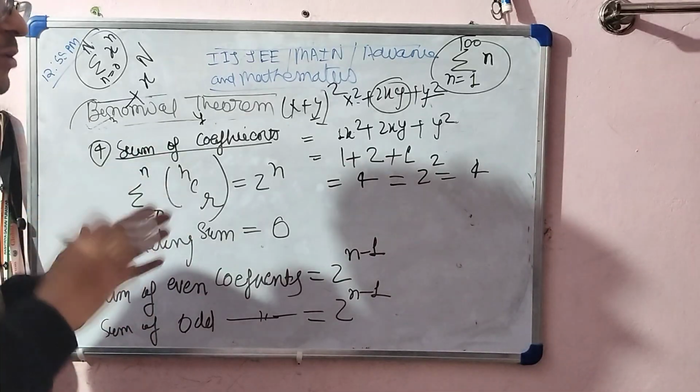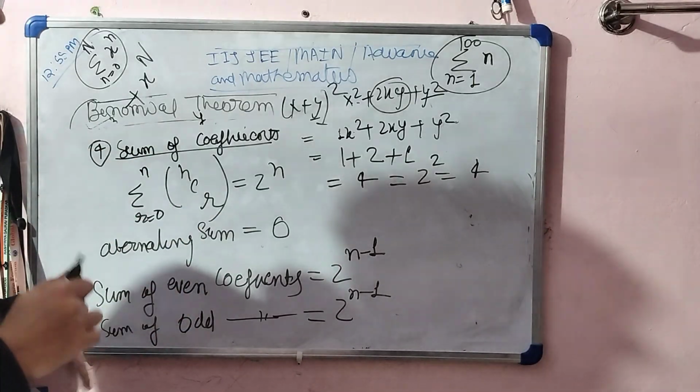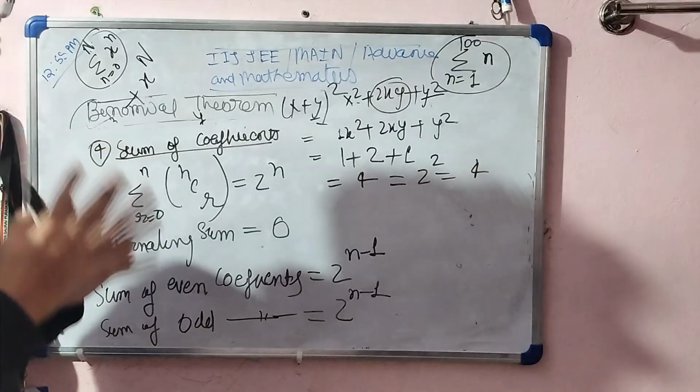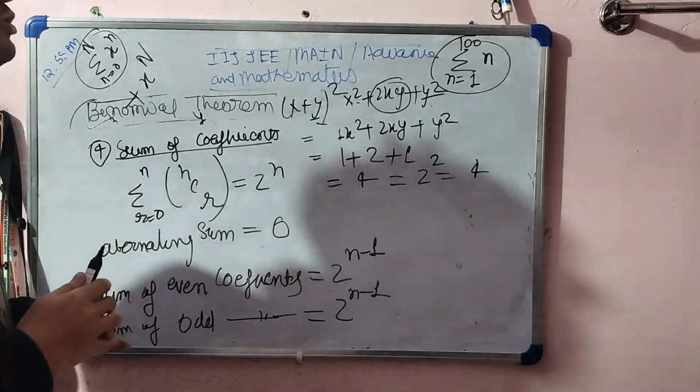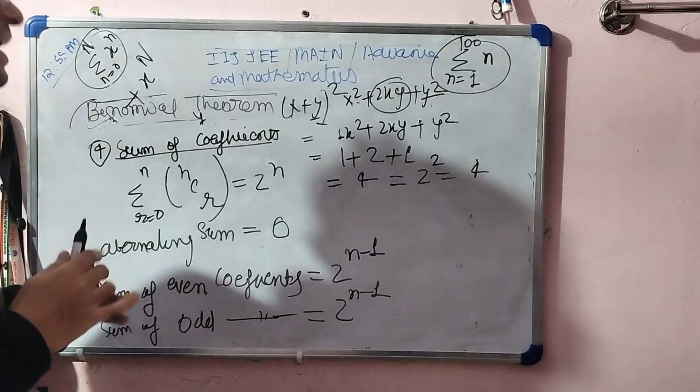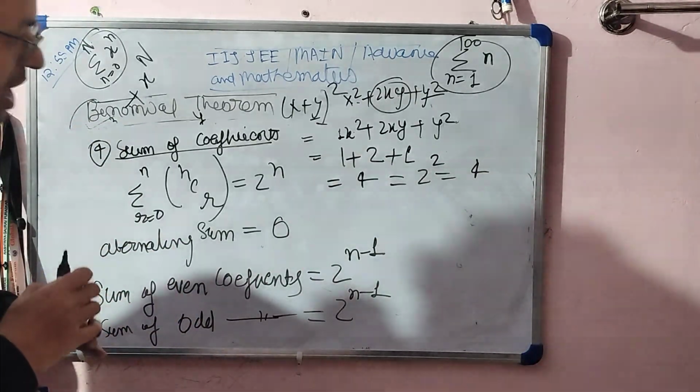You have to memorize that (x plus y) to the power n equals sigma r equals 0 to n of nCr x to the power n minus r into y to the power r. This is the point.